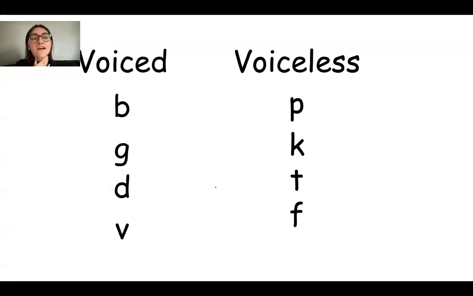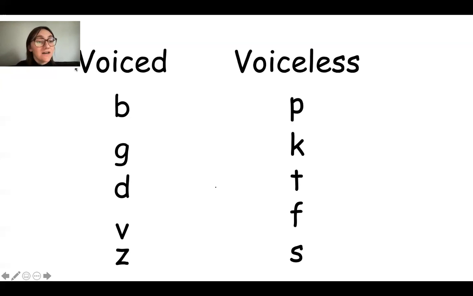But if you make the f sound, it doesn't move around, so it's voiceless. Z, Z, Z vibrates, so it's a voiced sound. Next one is voiceless, S. Doesn't move, so it's voiceless.